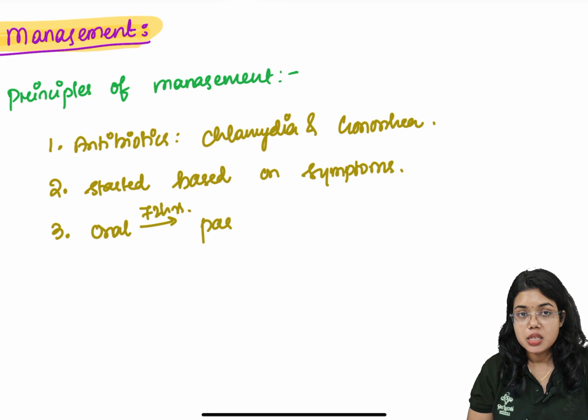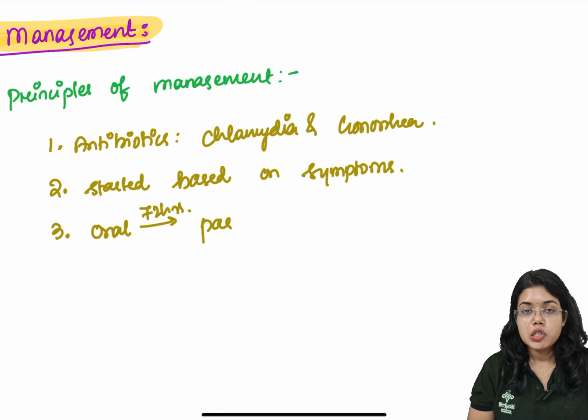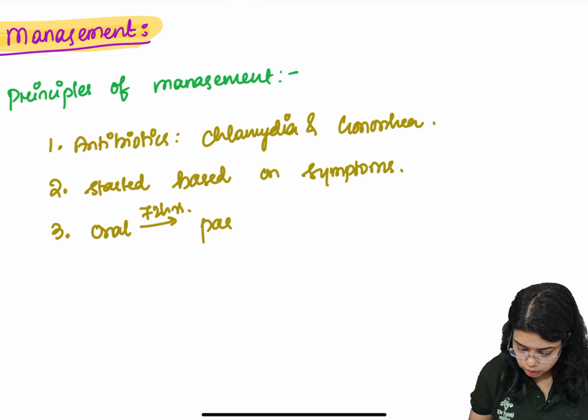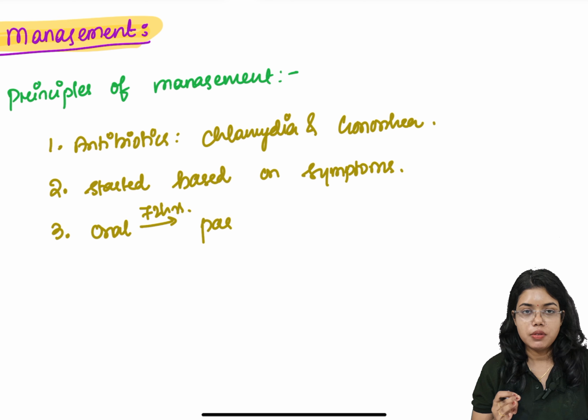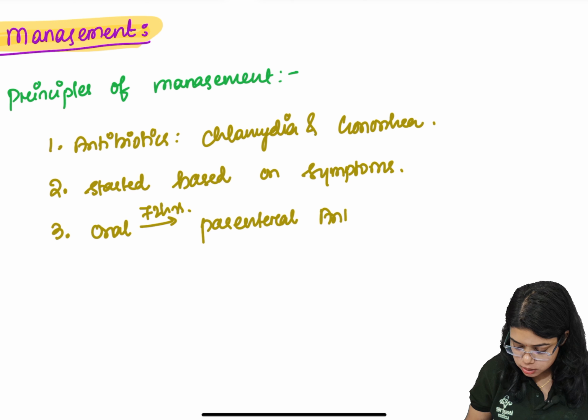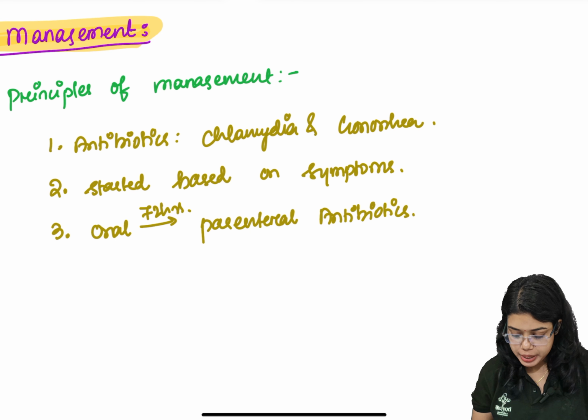The pain will decrease, the increased frequency of urination will decrease, and the dysmenorrhea will decrease, and the painful intercourse will also decrease. So everything will decrease within 72 hours. If the patient has fever, tachycardia, or increased TLC count, that will subside. If it does not subside within 72 hours, then we give parenteral antibiotics.